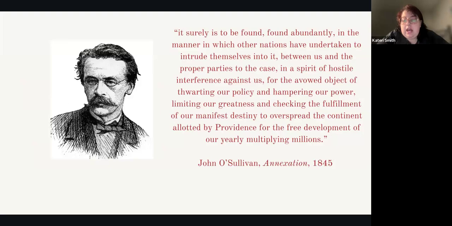At the 1830 Declaration, the concept of manifest destiny was not given the term. It was not given the term until annexation in 1845 by John O'Sullivan. This said that white, largely Protestant people had a manifest destiny of the United States to overspread the continent allotted by providence, by God, for the free development of our yearly multiplying millions.